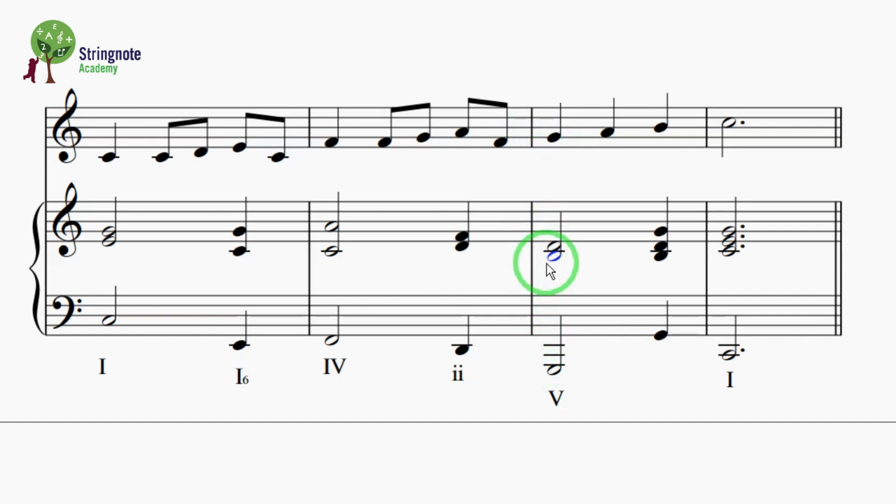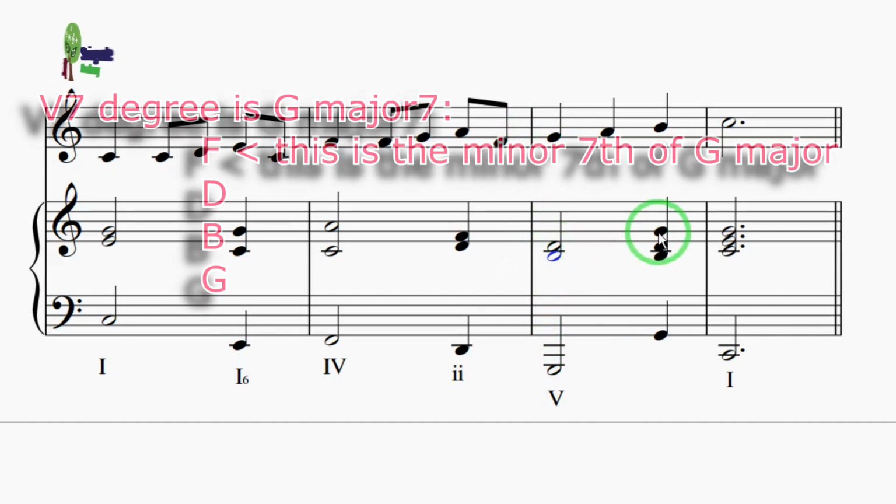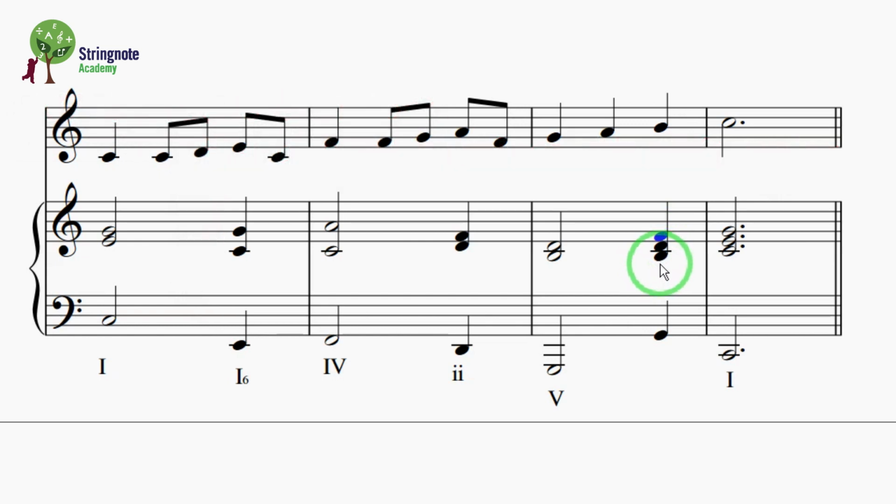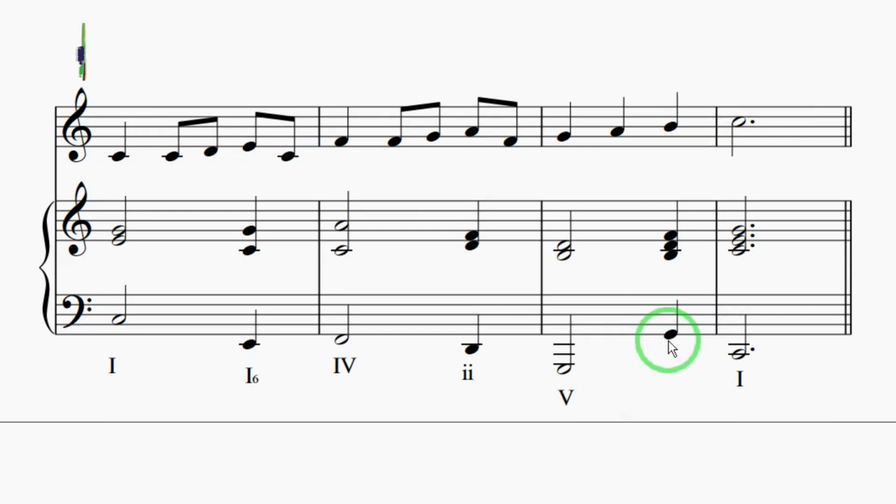I'm now going to create from this G, add a seventh. A seventh makes a fifth degree very powerful. The fifth degree is the dominant. If on top of it I add a seventh, it's going to sound very powerful.